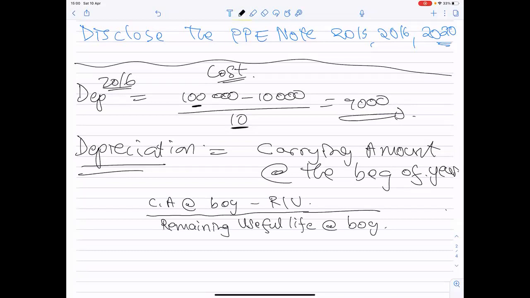Is that clear? It will be your carrying amount at the beginning of the year minus the residual value divided by the remaining useful life at the beginning of the year.